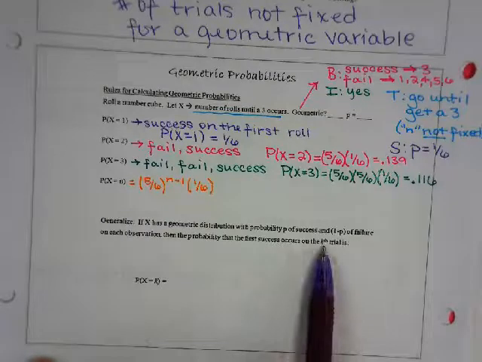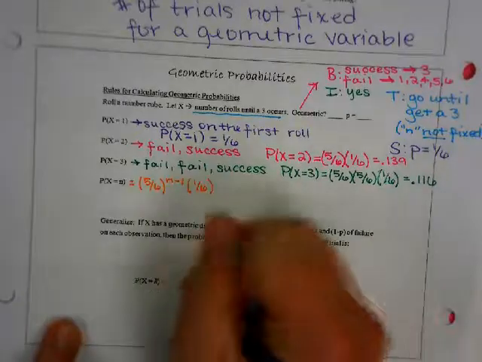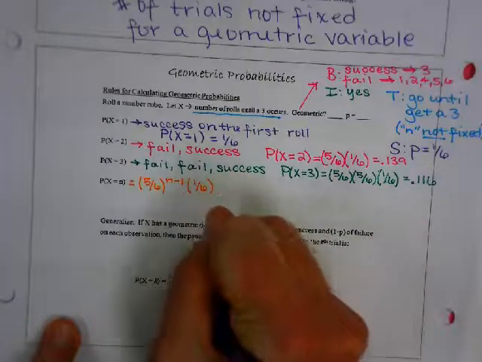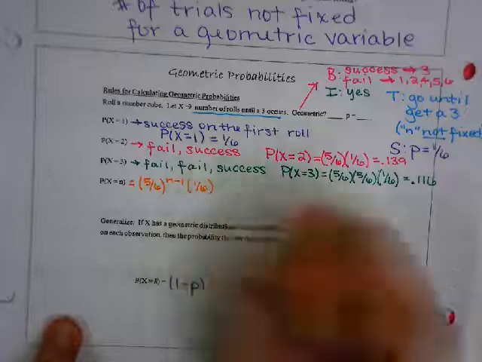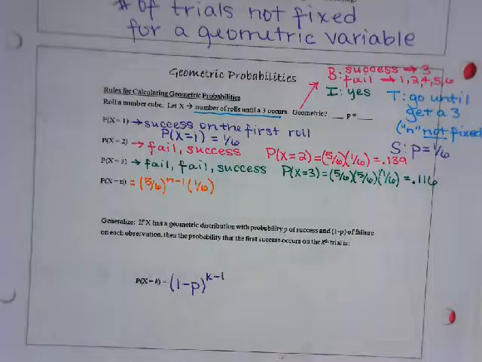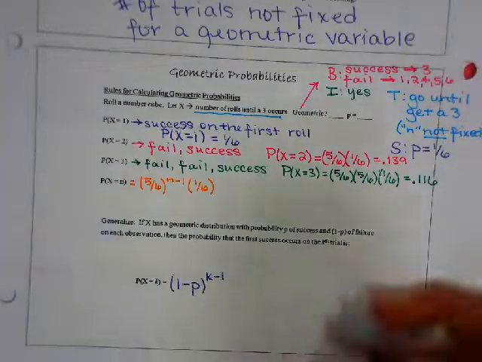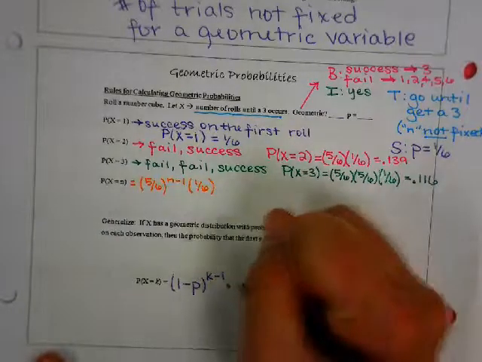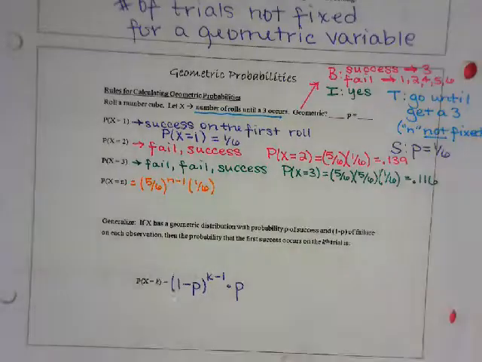We would have probability of failure raised to the k minus 1 power. And then it would be multiplied by the probability of success. And we only have 1 success, so it's raised to the first power, which we don't actually show.